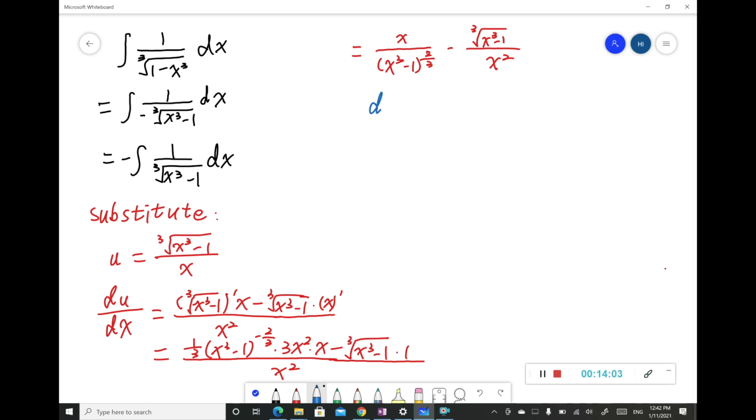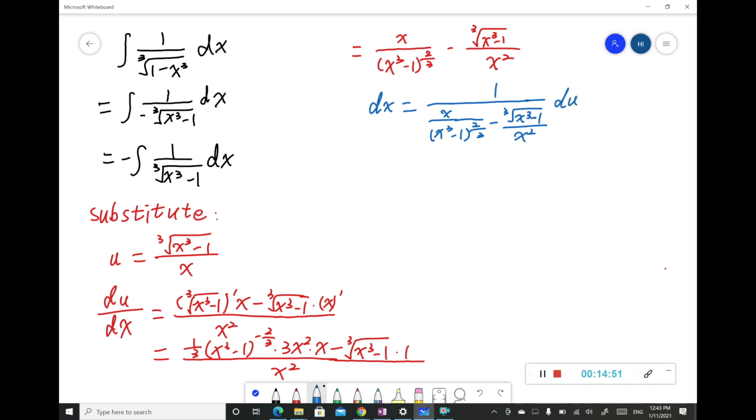So the dx will be equal to x, we will change this one to the denominator. So x divided by x cubic minus 1 to the power 2 divided by 3, minus the radix of x cubic minus 1 divided by x squared, and the denominator is 1 du.